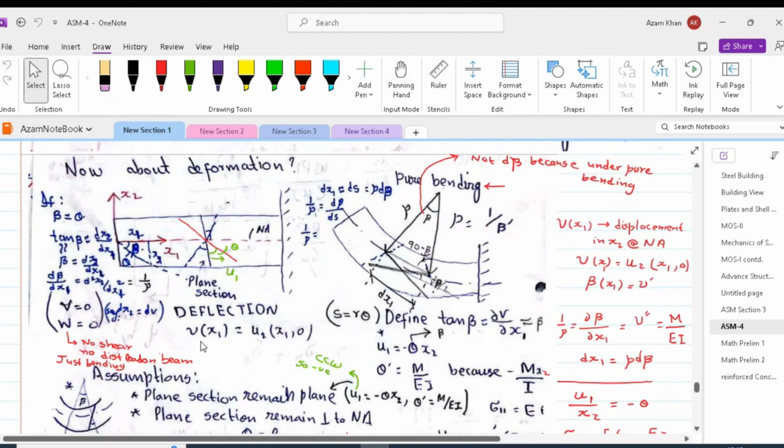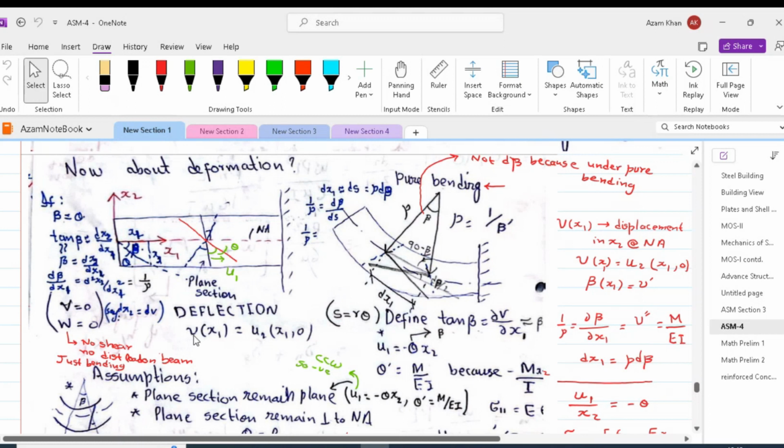We can also denote the deflection small v equal to u2(x1, 0). This means that v at a particular point along the beam in the x1 direction would be equal to the displacement u2 at that point in x1, keeping x2 equal to 0. In other words, v can be considered the deflection of the neutral axis.